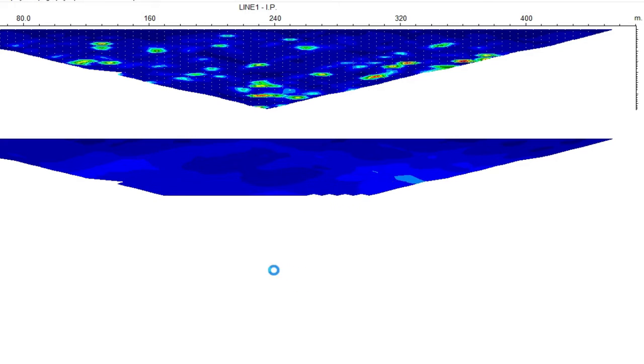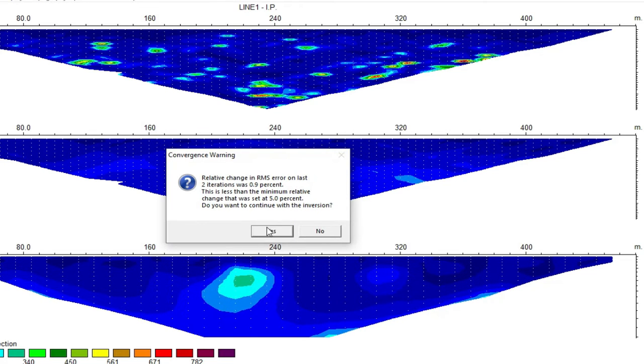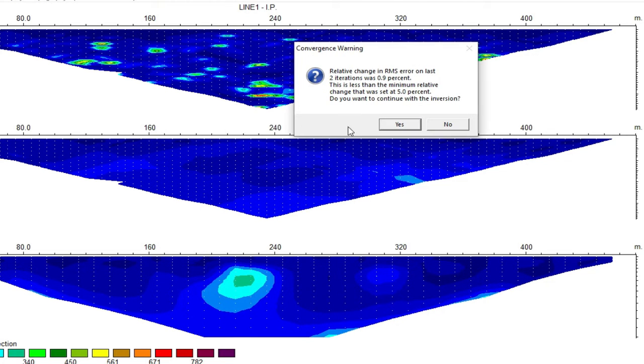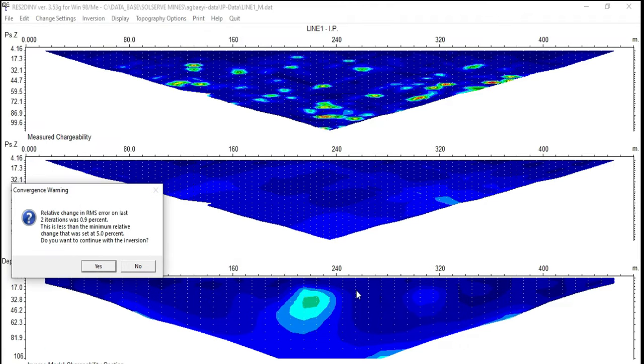Wow, are we seeing something here? You can see high chargeability around here. Are you seeing it? This is 160, 170, 180, 190, 200, 210. So between 210, 220, 230, this is where the high chargeability is.